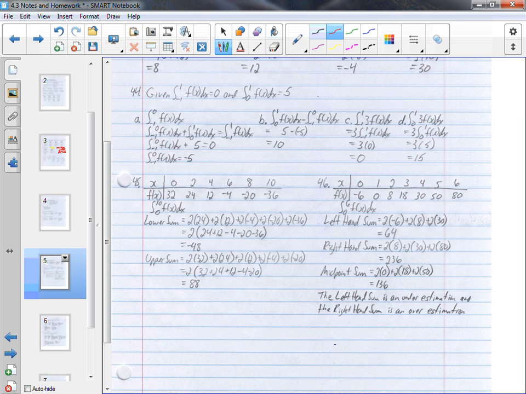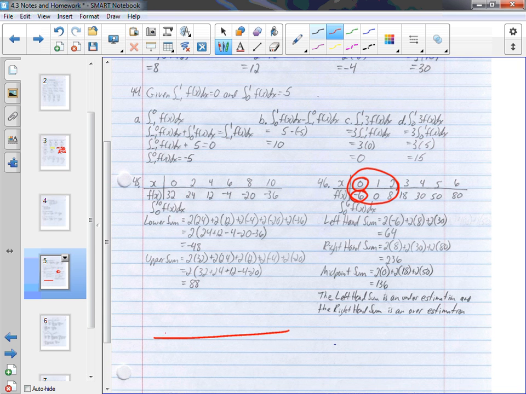So let's go over this though. So for the left-hand sum, our first interval goes from 0 to 2. The left-hand sum means use the f of x that comes from the left edge of your interval. Well, there's the left edge of my interval. There's the f of x that goes with it. So since we're doing 3 equal subintervals, the width of each one is 2, isn't it?